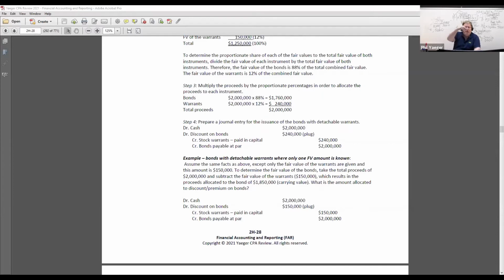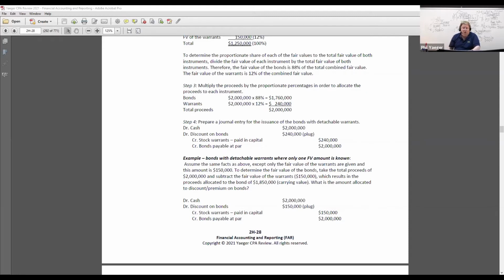The difference between the proceeds you get, the 2 million, less the fair market value of the warrants, 150, means that 1,850,000 has to be the proceeds that goes to the bonds, right? Now, you're going to back into the discount or premium. You know the bonds payable has to be recorded at face value, which is 2 million. And you know the balance of the proceeds, 1,850,000, has to go to the carrying value of the bonds, right?